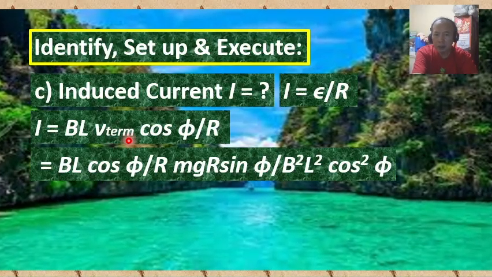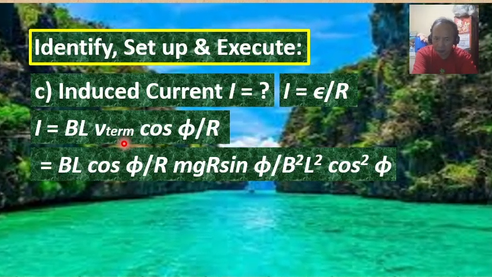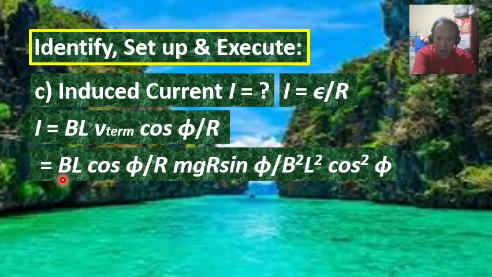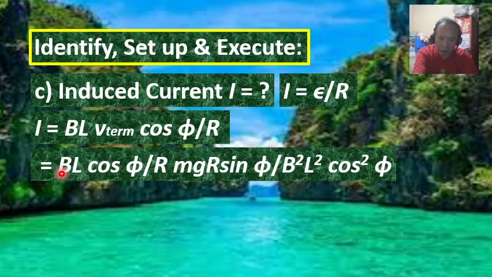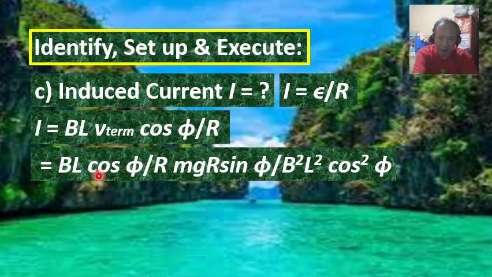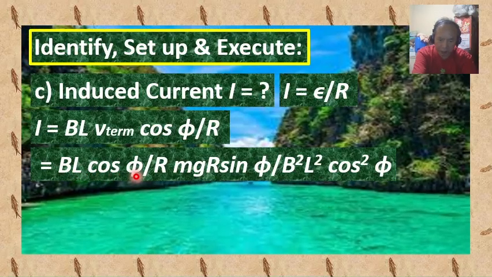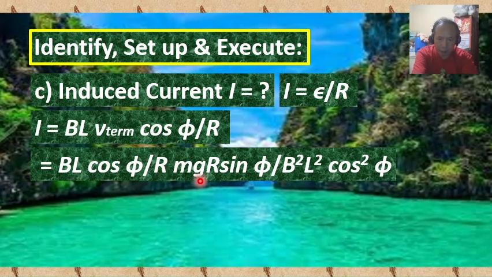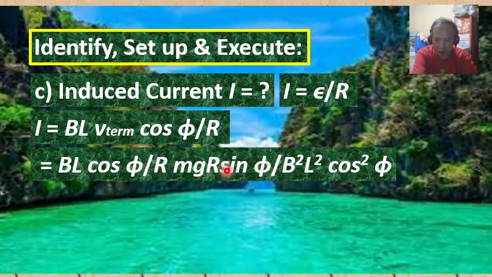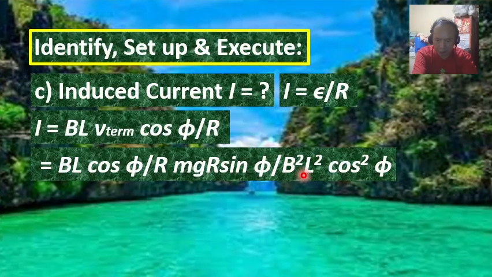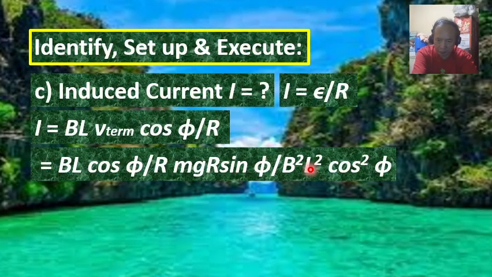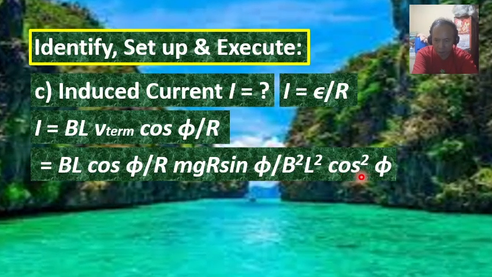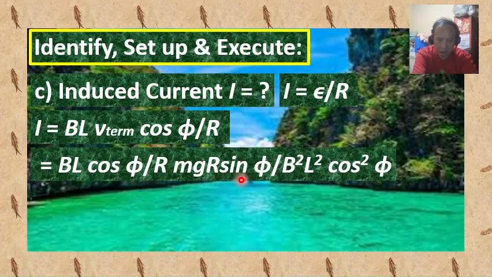Expanding the expression for the terminal speed V, we get capital I equals capital B times capital L cosine phi over capital R, multiplied by mg times R sine phi, and then divided by B squared times L squared and the square of the cosine value of angle phi.